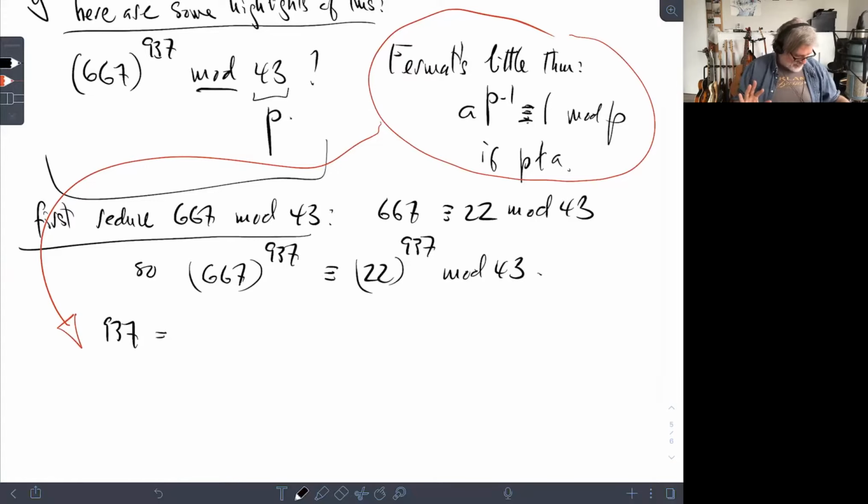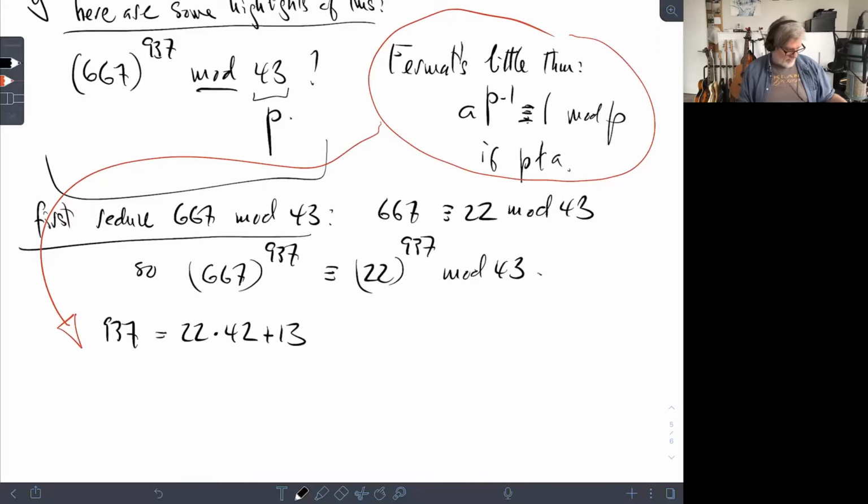There's a lot of numbers going around here. I want p minus 1 involved in the exponent. Okay, so 937 is 22 times 42 plus 13.